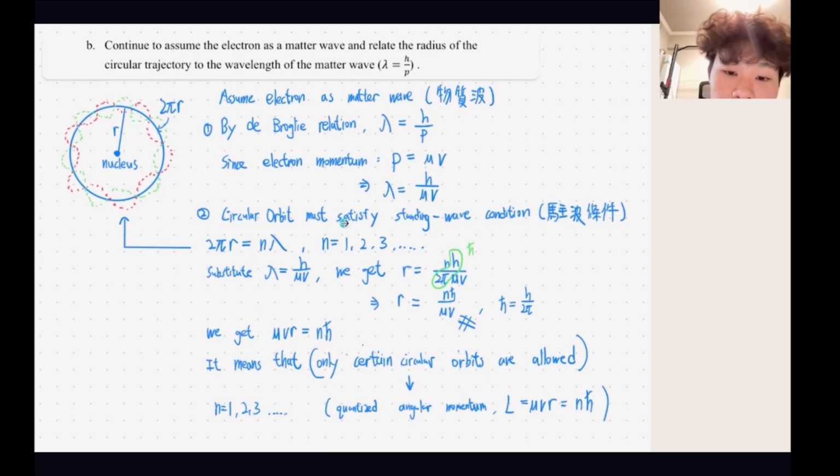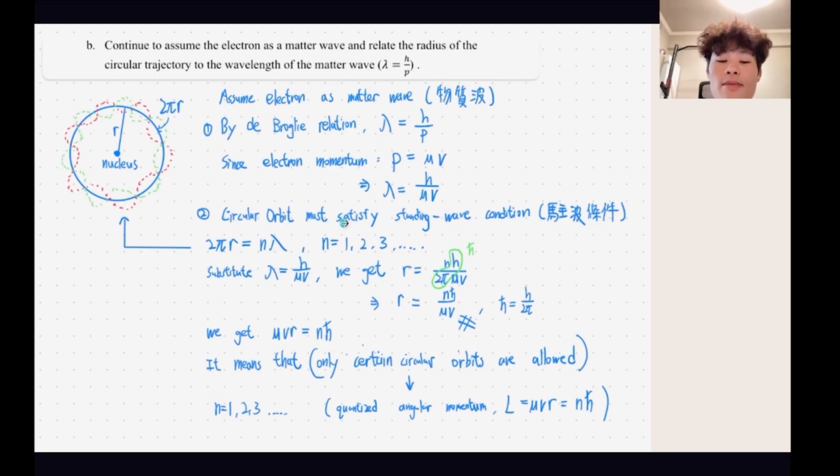But let's do a further discussion right here. If we look closer, we multiply mu v on both sides of the equation. You get that mu v r equals n h bar, and mu v r is actually the angular momentum of the electron.